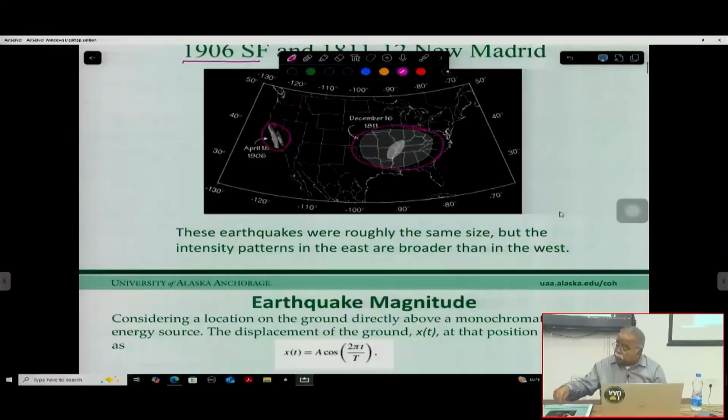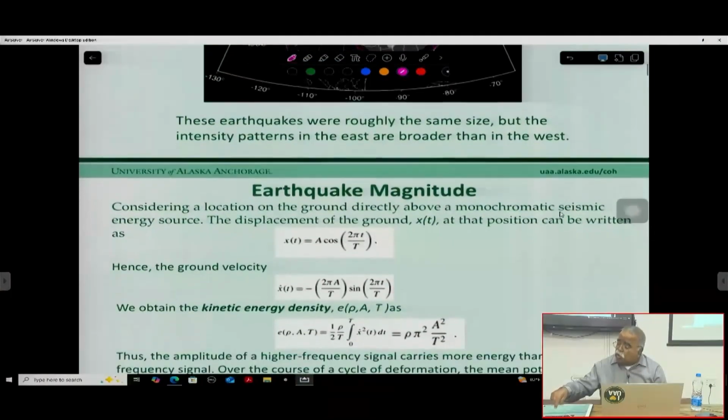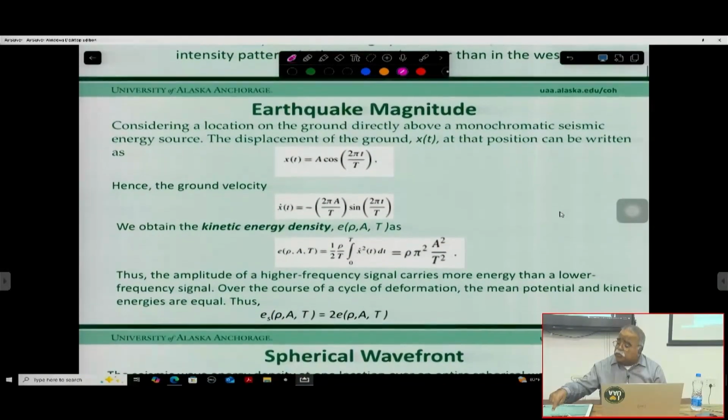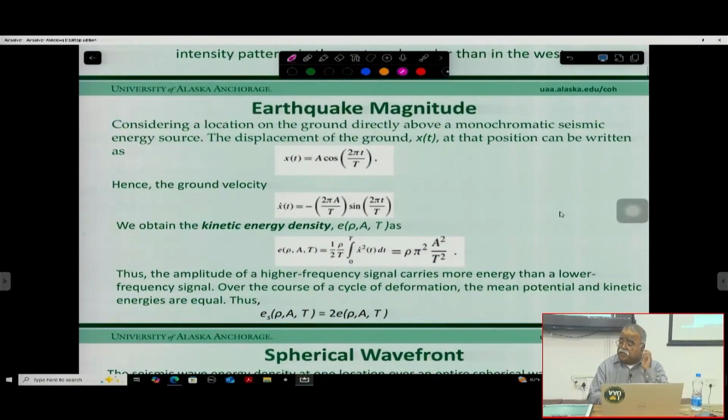Okay, now we shift towards the earthquake magnitude estimation.